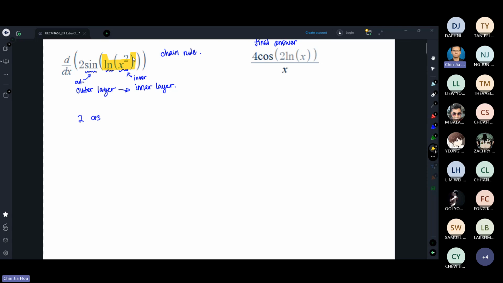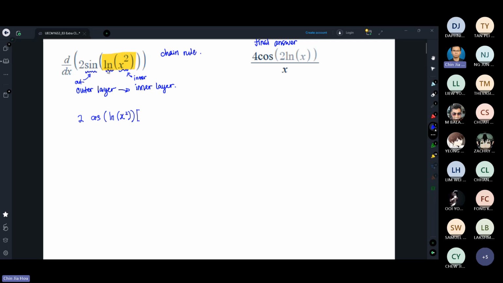In this case, we have this log function, so we are going to write everything inside the log function: ln of x squared. And then we need to use the chain rule. When we want to use the chain rule, we are moving one layer inside.